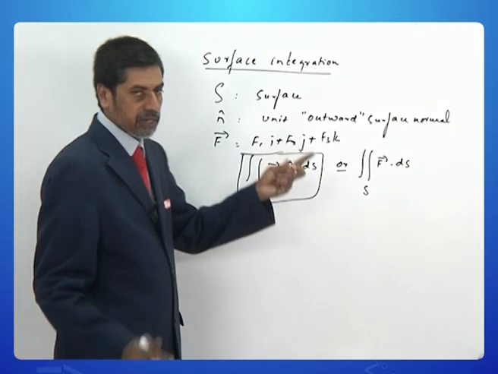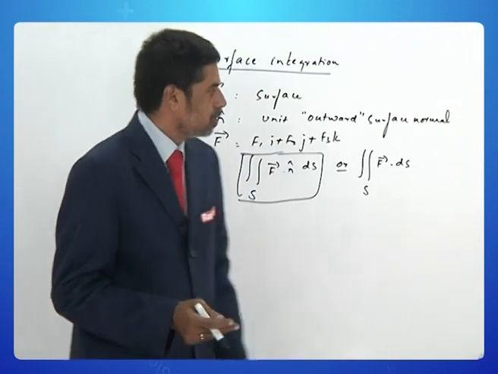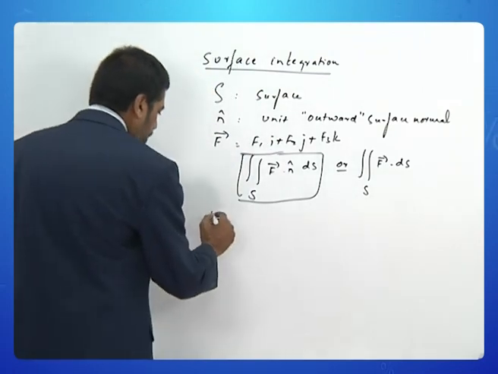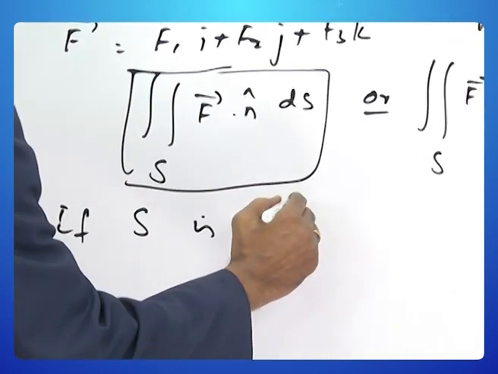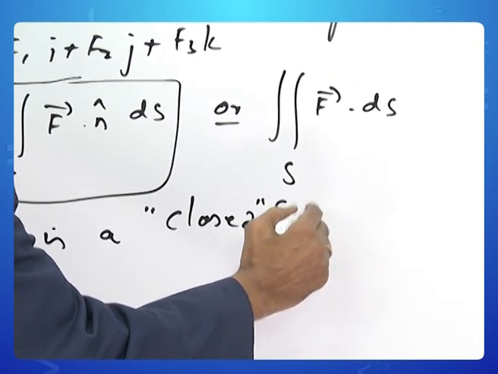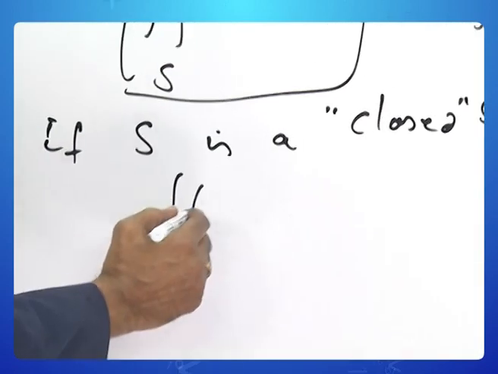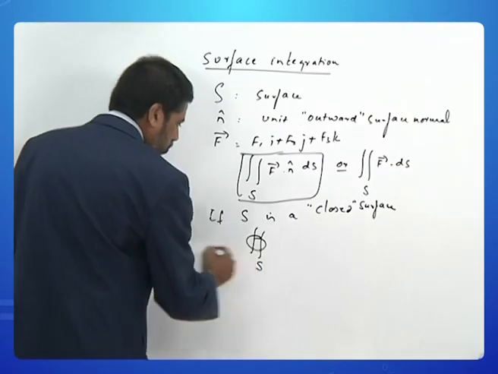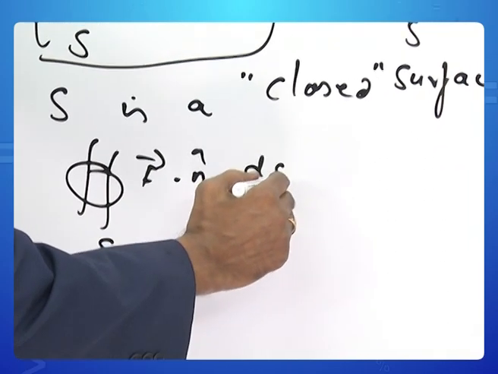And the surface can again be of two types. It can be an open surface or it can be a closed surface. So let us say if S is a closed surface, we write closed surface integration F dot n cap ds.